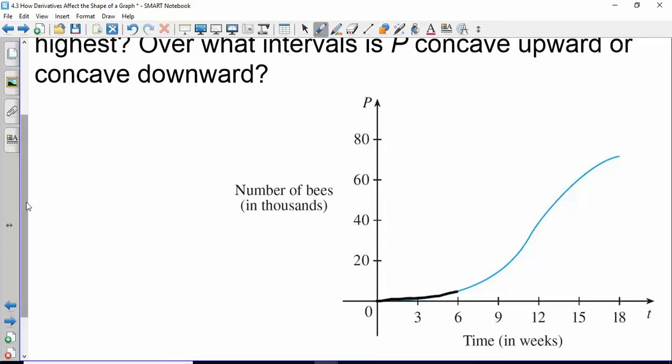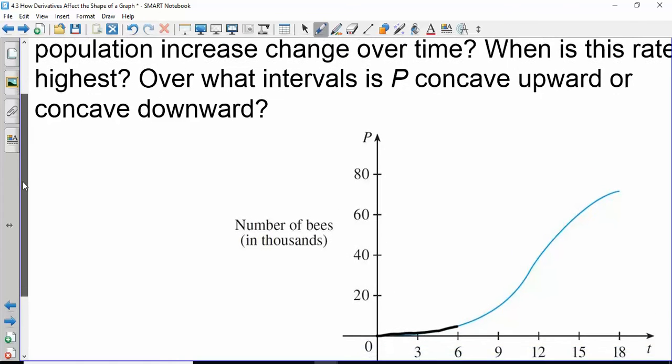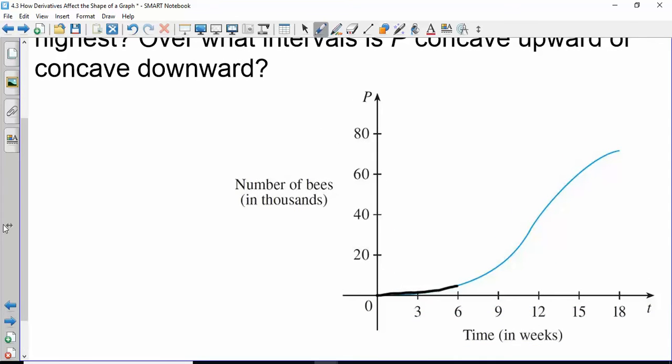Second question, when would this rate be the highest? So when would I have the highest rate of growth in my population? Look here, about 12. Is that about the steepest point on our graph? I agree. So highest at 12.